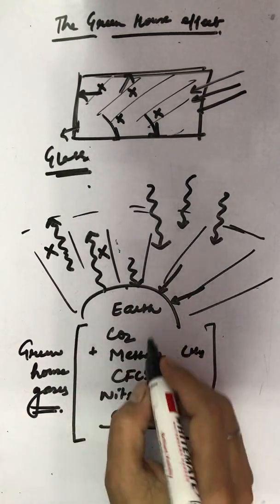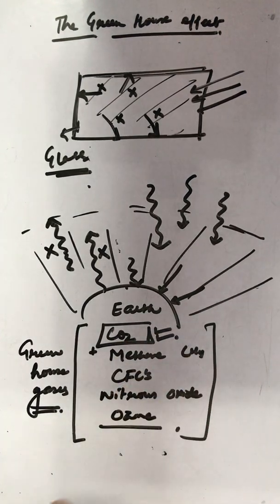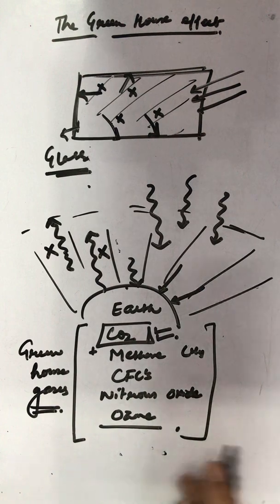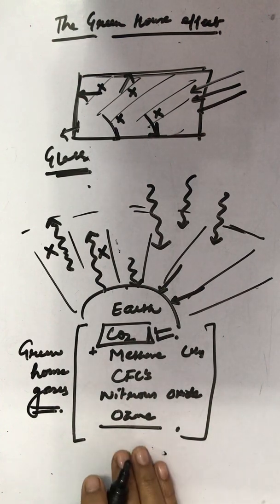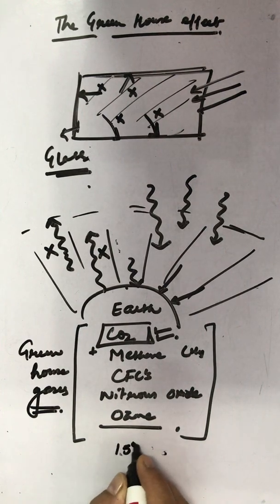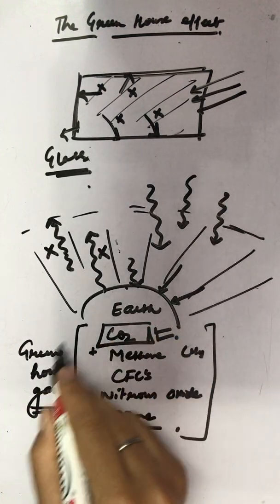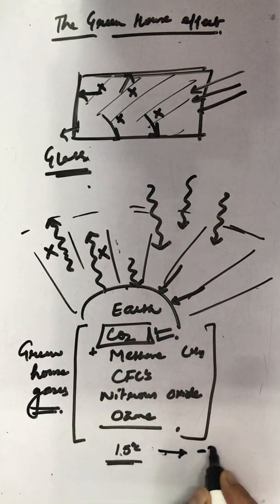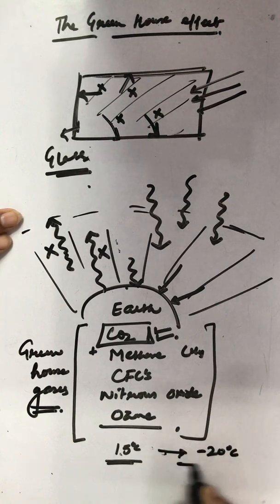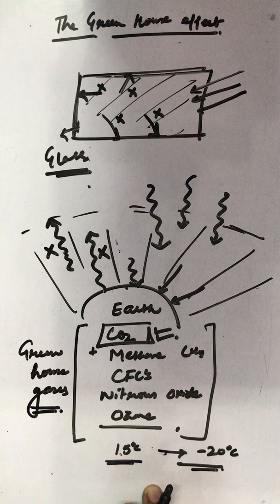Out of these, CO2 is the most important greenhouse gas. Why are these important? Because they keep the earth warm. The average temperature of the earth is around 15 degrees Celsius. But in the absence of these greenhouse gases, it may drop down to minus 20 degrees Celsius, killing all the life forms on the earth.